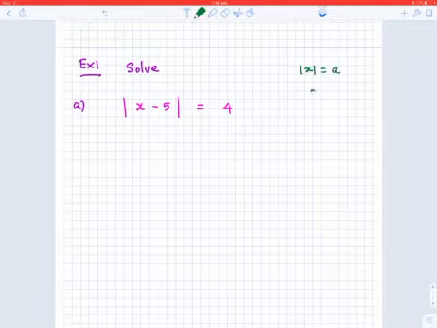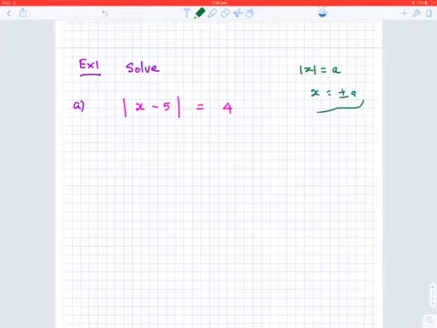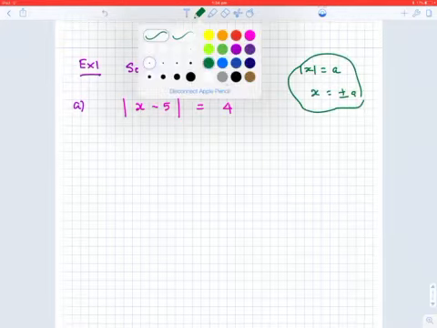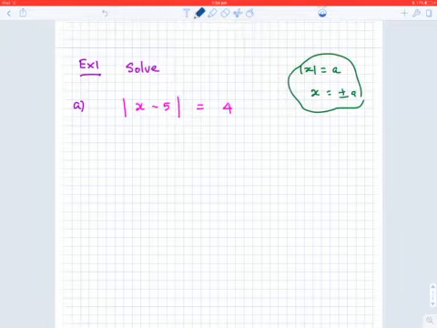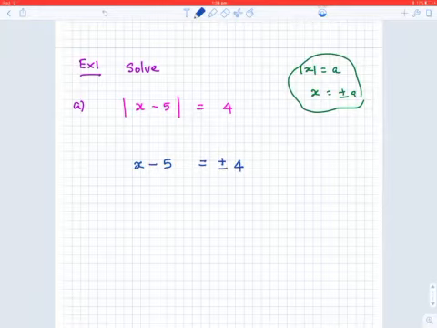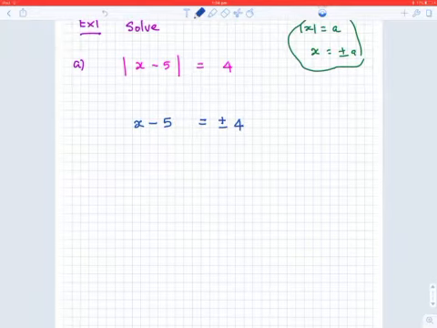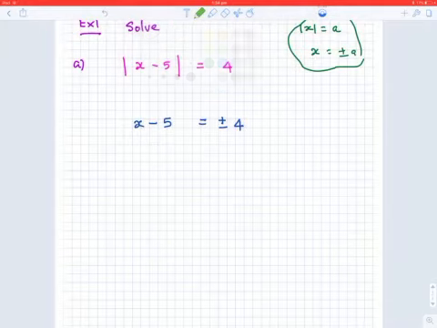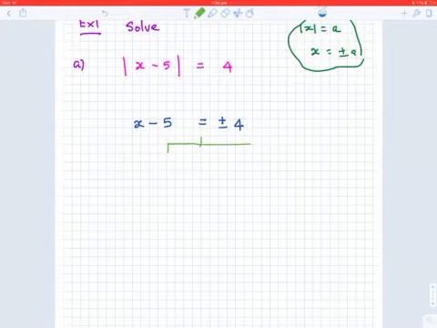Now the first question: solve the absolute value of x minus 5 equal to 4. As I told you before, this means x equals plus or minus a, so we are going to use this result. We end up with x minus 5 equal to plus or minus 4.